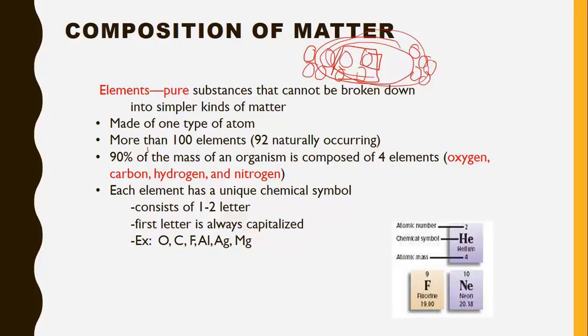Again, 92 are naturally occurring, and it actually has 118. 90% of all organisms are composed of four main elements: oxygen, carbon, hydrogen, and nitrogen. And on the periodic table, all elements have a unique chemical symbol. It has one or two letters. The first is always capitalized, and some examples are oxygen O, carbon C, fluorine F, aluminum Al, and so on and so on.